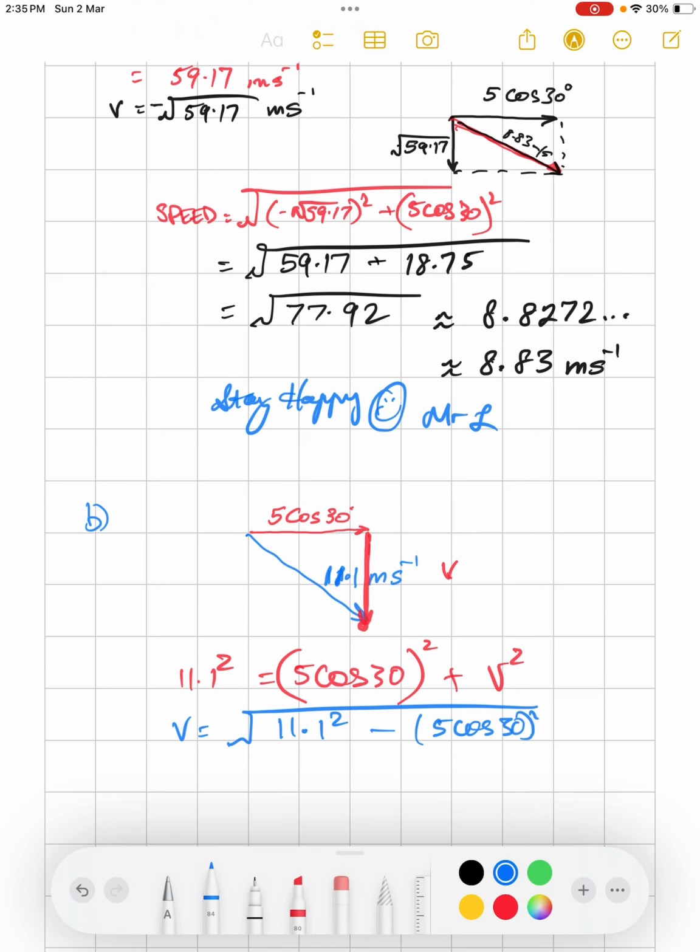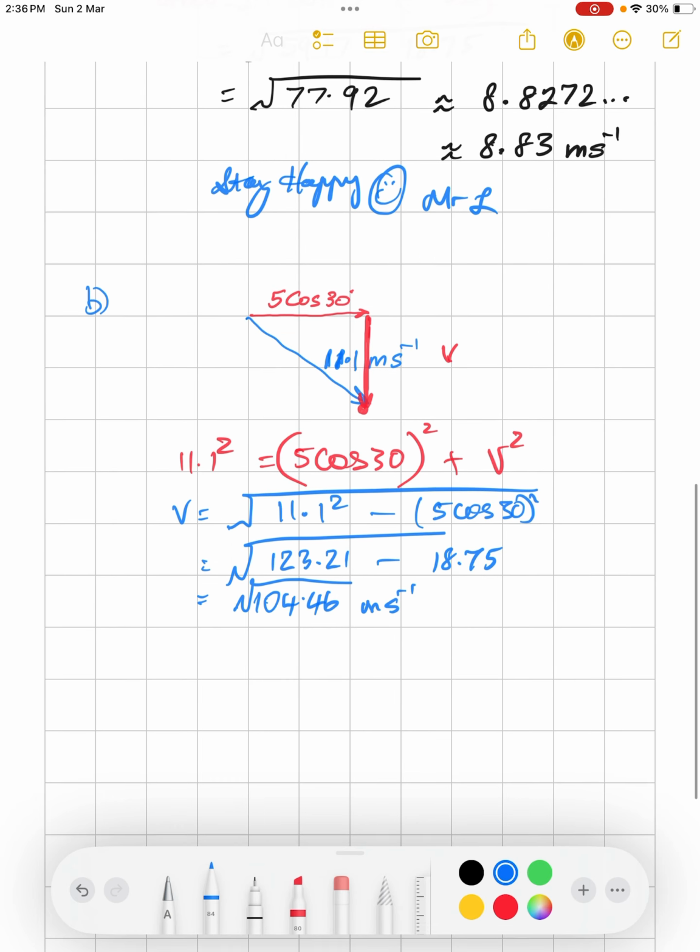So 11.1 squared minus 5 times cos 30 and square that is 18.75, and 123.21 minus that is 104.46. So that is meters per second.